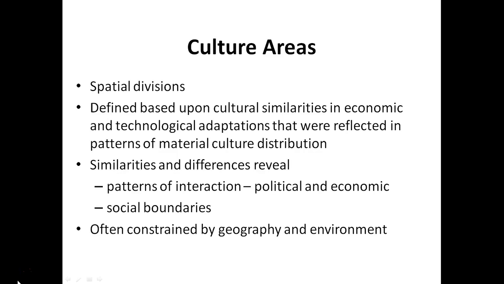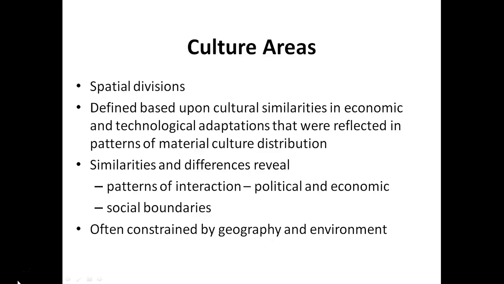While periods and phases divide time, culture areas are spatial divisions that are defined upon cultural similarities in economic and technological adaptations that are reflected in a geographic pattern of material culture distribution, that certain artifacts and house forms and other aspects of the human-built environment are patterned to specific regions.